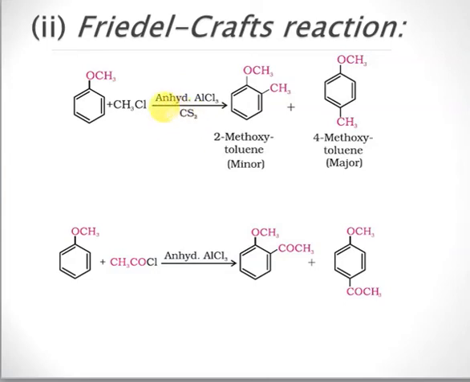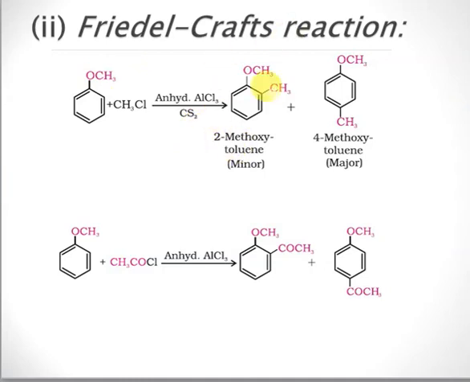Carbon disulfide is a non-polar solvent, so in this reaction we either use ethers or carbon disulfide as a solvent. Under these conditions, since methoxy is ortho-para directing, we get the methyl at the ortho position and at the para position. Again, the para product is the major one, and the ortho product is formed as the minor product.